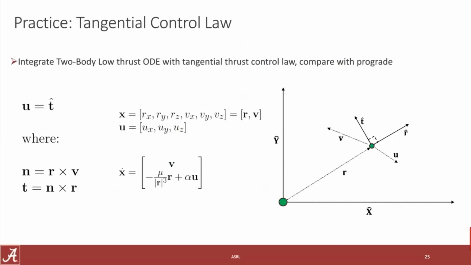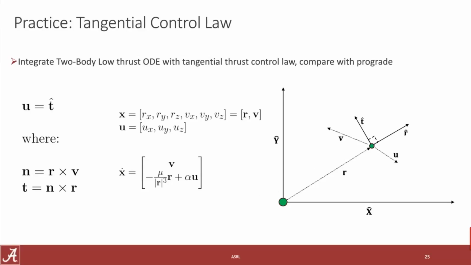So let's take that two-body low thrust ODE that you wrote and let's do a practice with it now. Let's instantiate your ODE. And then once you've instantiated it, we want to make an integrator object, but let's do that integrator object with a control law. So the practice is to make a tangent control law, a control law that always thrusts in the tangent direction of the RTN frame.